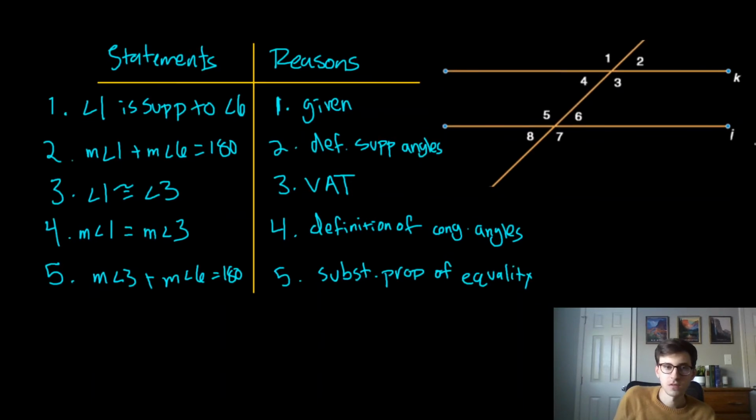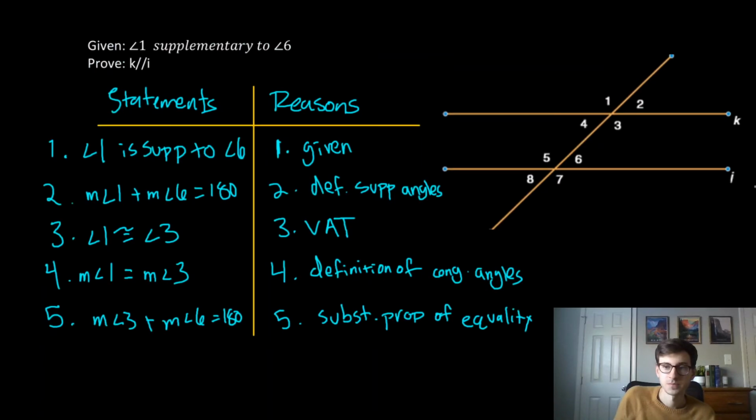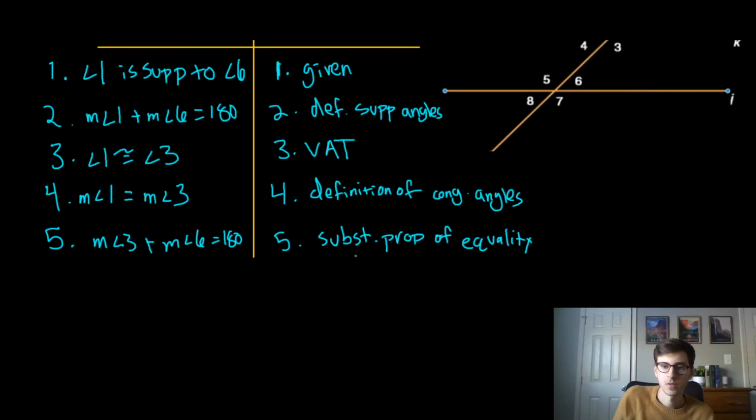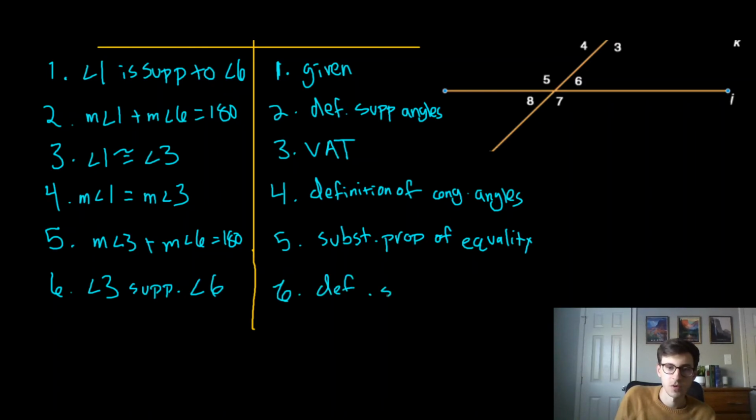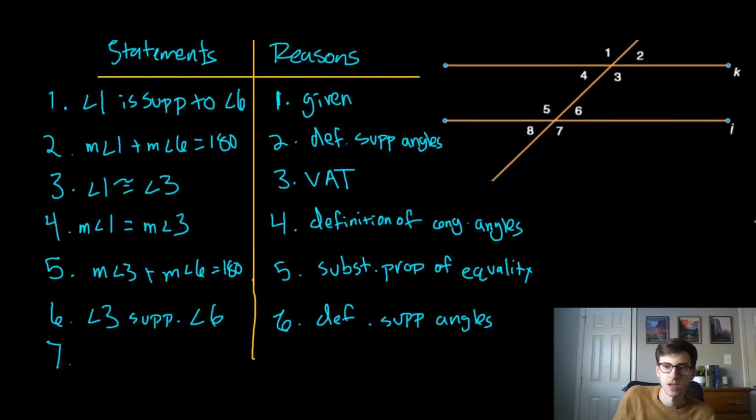Again, remember, we're trying to show that 3 and 6 are supplementary so that I can say those two lines are parallel. And I know that angle 3 is supplementary to angle 6 by, again, the definition of supplementary angles. That's what a supplementary angle is. If they add to 180, then they're supplementary. And so since they're supplementary, I can say, what were my letters again?